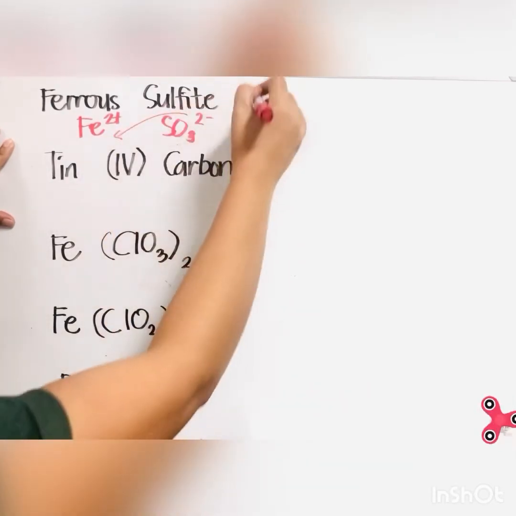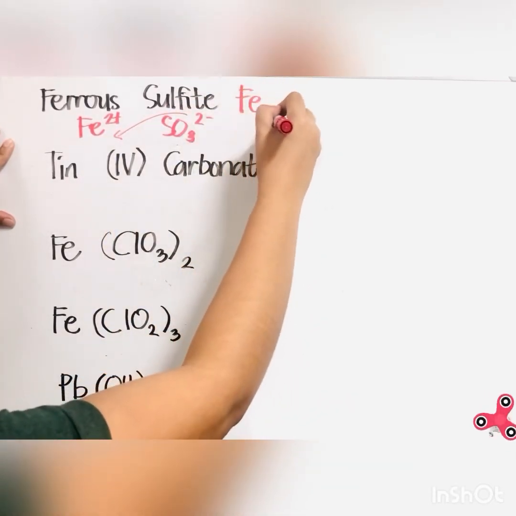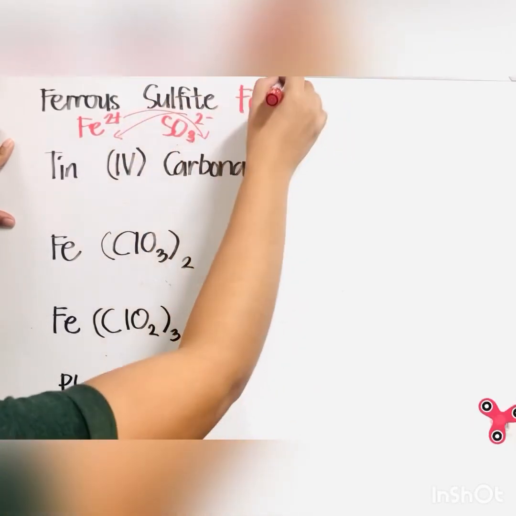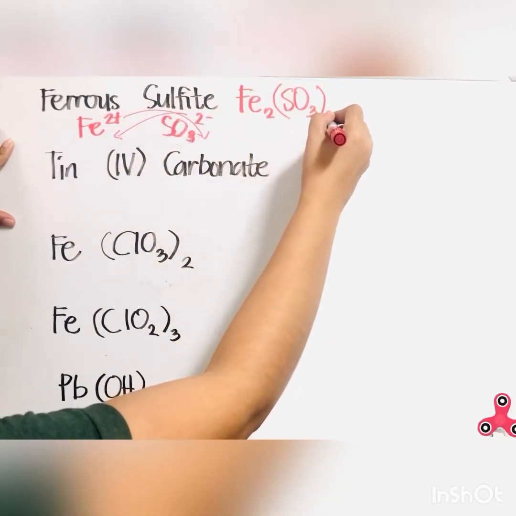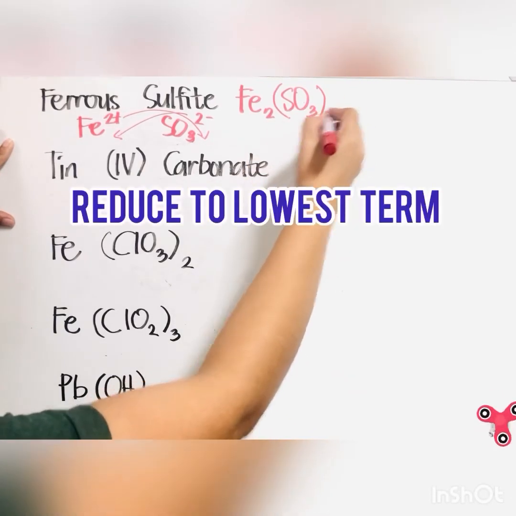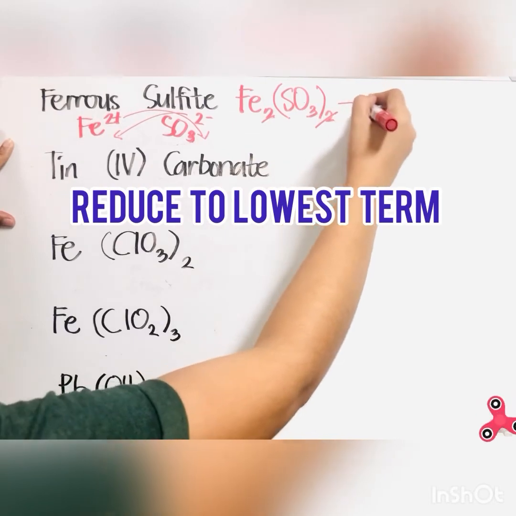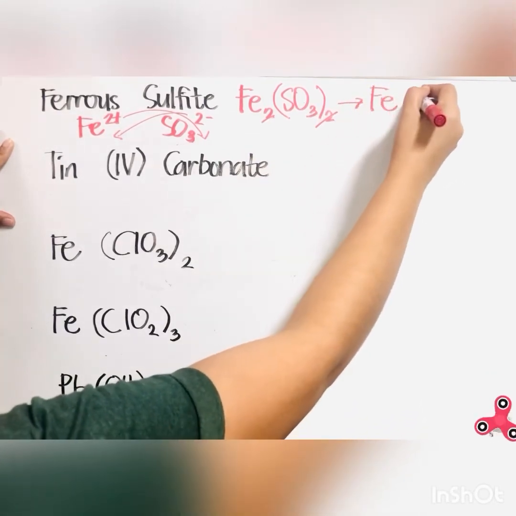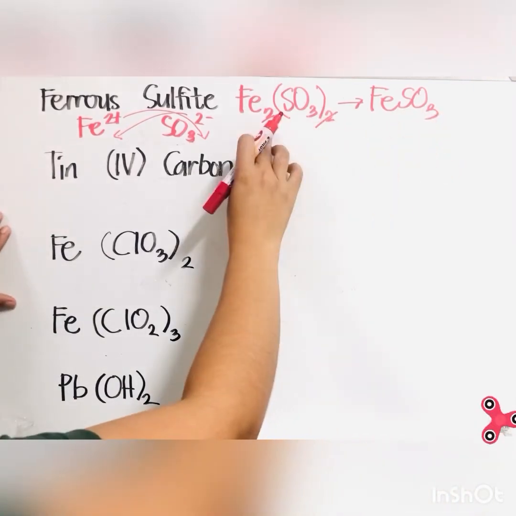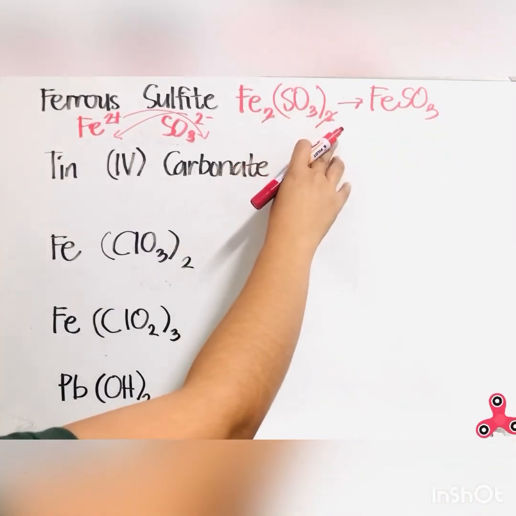So crossing over will give you Fe2. Then copy the SO3, and then you give the 2, enclose this in parentheses, and write 2. Since these are both 2, you can actually reduce this to lowest term, and immediately write it as FeSO3 with no other subscript, since you have reduced them into the lowest term.